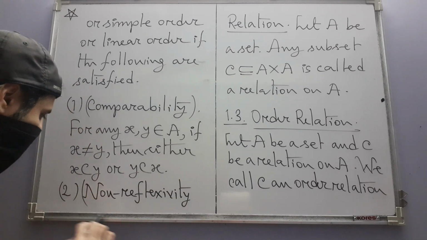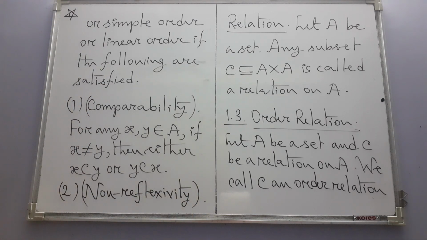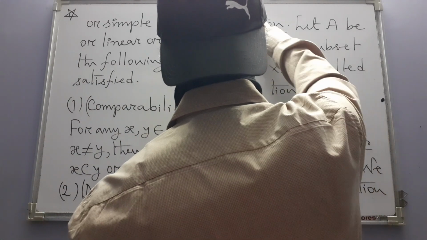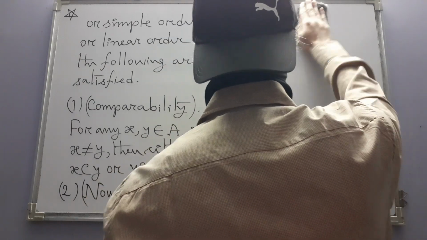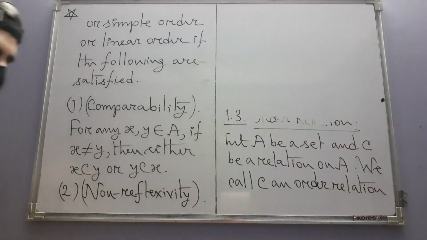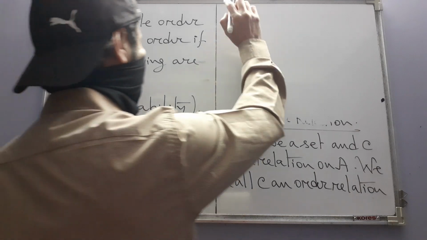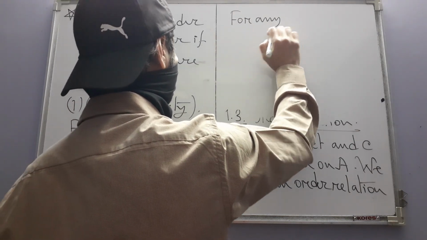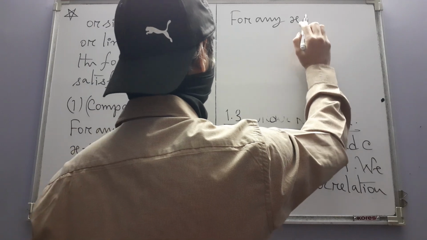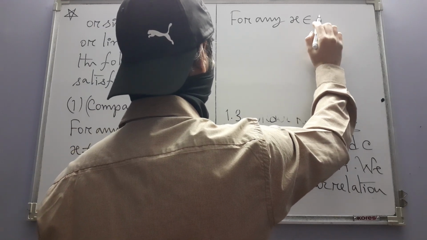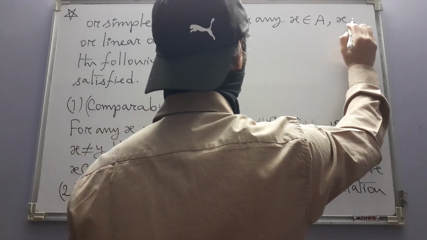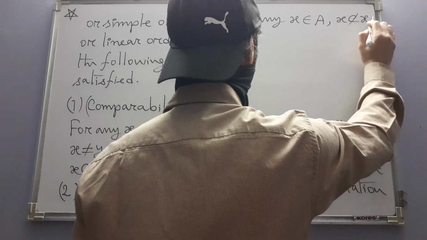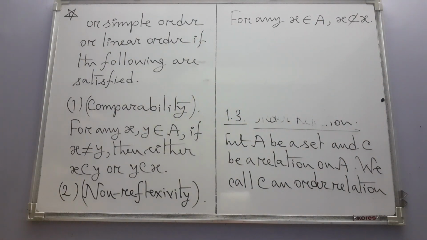The second condition is non-reflexivity. This is the exact opposite of reflexivity. For any x in A, x is not C related to x.